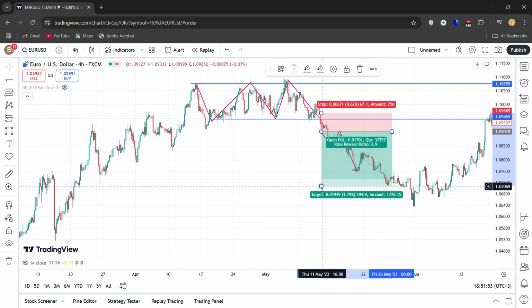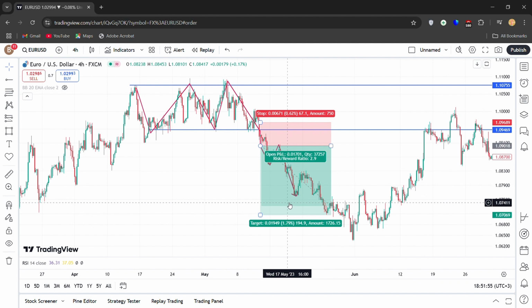And by the way, when you're trading, you can target a good risk to reward ratio of a minimum of 2 so that you can cover up the losses you've made in the trade.